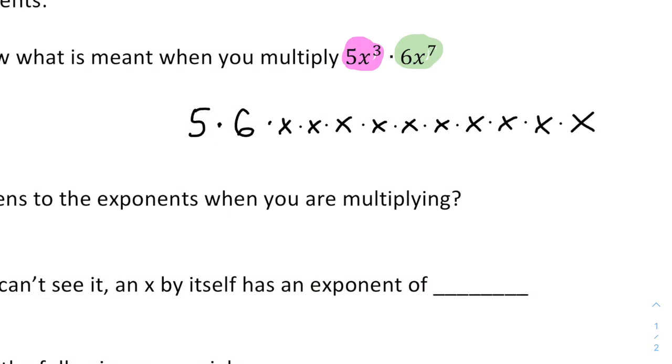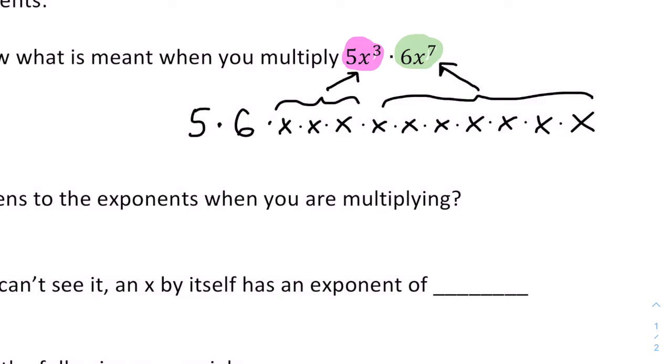And right away you can probably notice this is something that we don't want to have to do all the time. So we are going to show you a way to do this without having to write them all out like this. All right. So again, this is the x to the third, and this is the x to the seventh. All right. And so what you'll notice is that I've rearranged things.